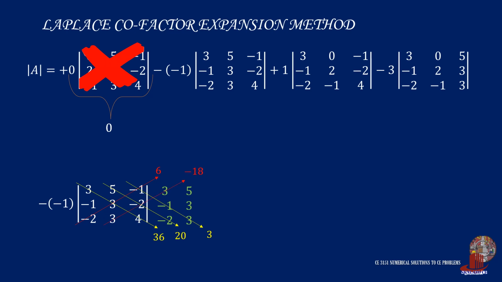Next has 5 times negative 2 times negative 2, giving 20. Then negative 1 with negative 1 multiplied by 3 give 3. The second term is then computed as 1 multiplied by 36 plus 20 plus 3 minus the negatives of 6 minus 18 minus 20. This simplifies as 91, so the second term is 91.